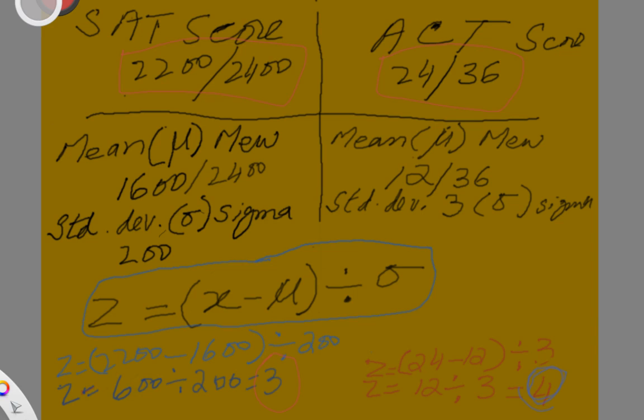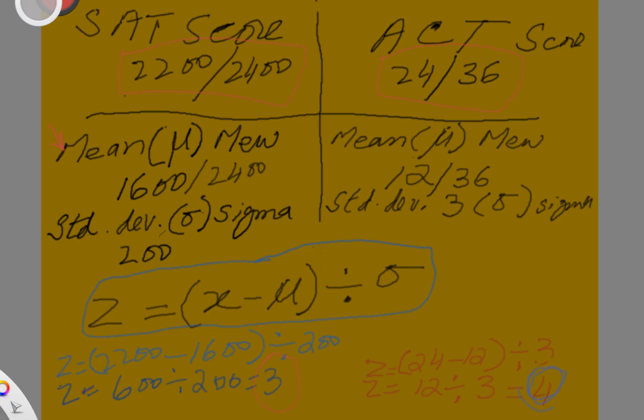So in the case of SAT, let's assume the mean is 1600 out of 2400. Mean, this is the average of all the people who take the SAT.